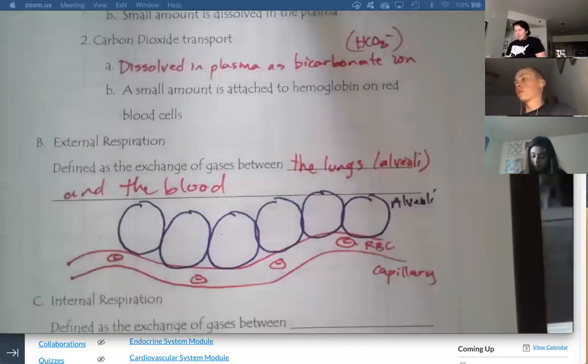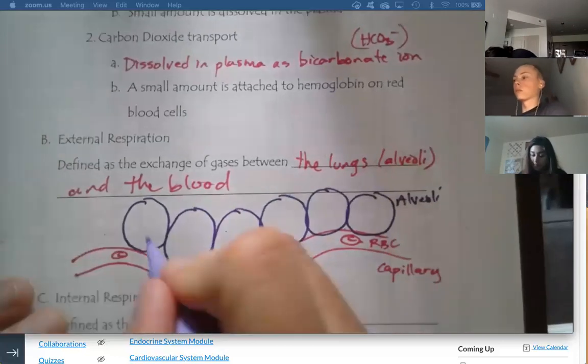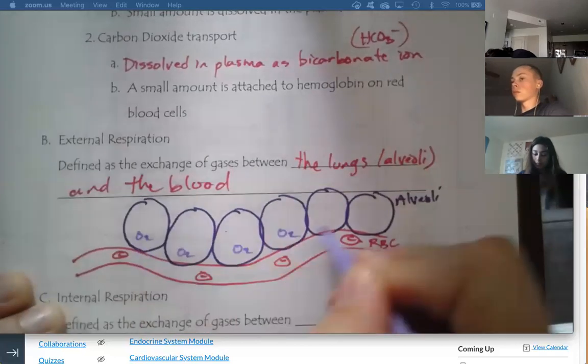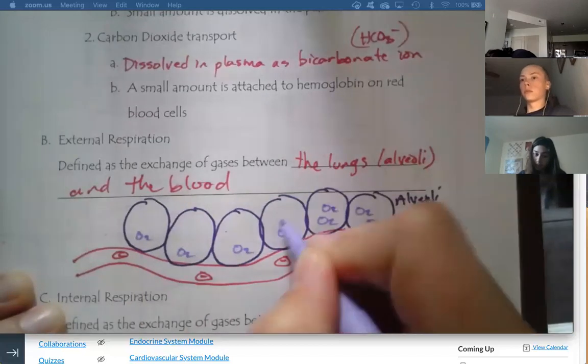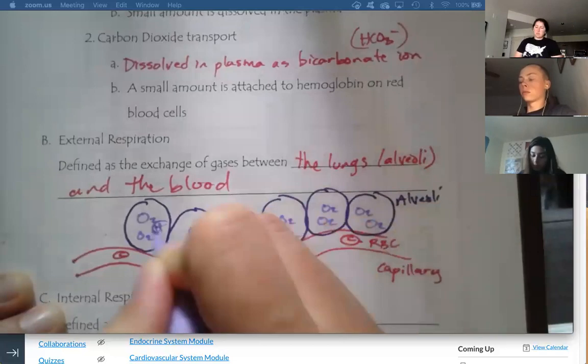Okay, you've just breathed in, which means that you have high levels of oxygen in your alveoli. High levels of oxygen in the alveoli. The blood is returning to the lungs.